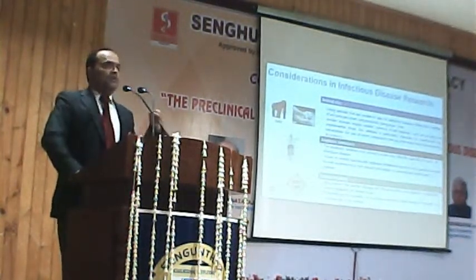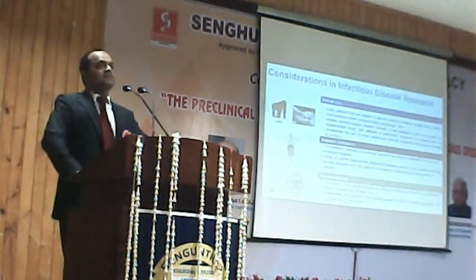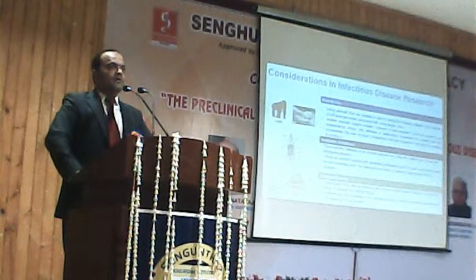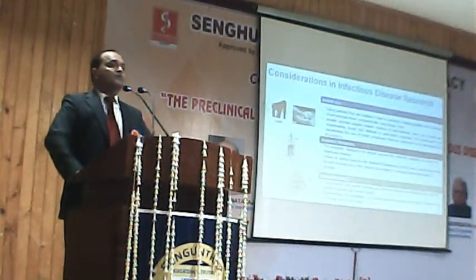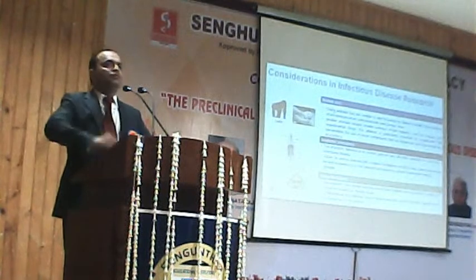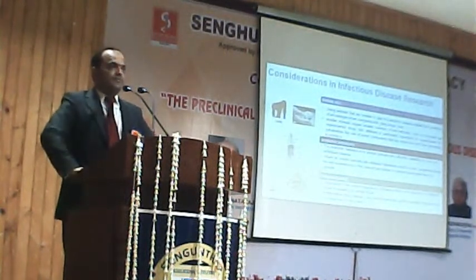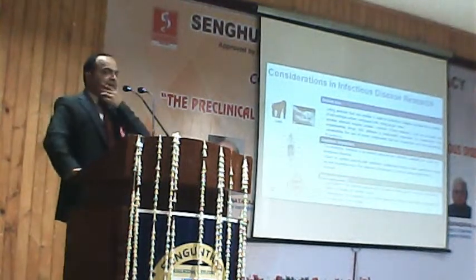Whether you have to use the smaller animals, the bigger animals, or the cells, we have to decide according to the infectious disease, for which parasites, which pathogens, which organisms you are trying to do the research. Simply, you cannot select any animal and do infectious disease research. Next is about the anatomic interactions.